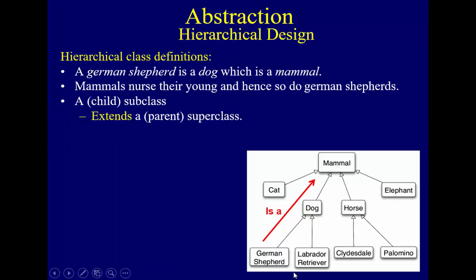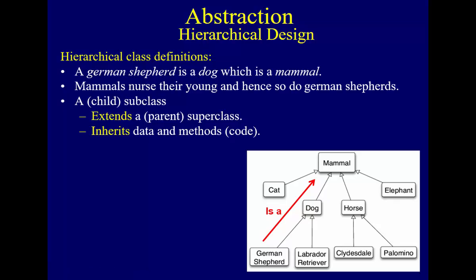And then we say the child class extends the parent class. Right? Everybody, you all know this already? All right, so we'll go fast, and maybe you'll know the whole course, and life will be good. So you're inheriting. The German Shepherd is inheriting from the mammal the fact that it nurses its young.